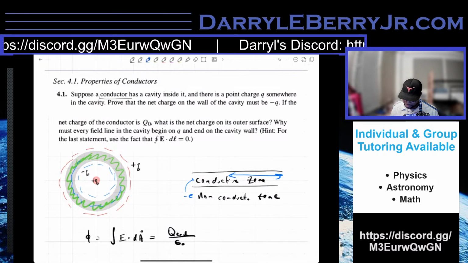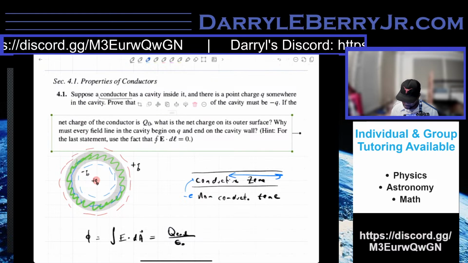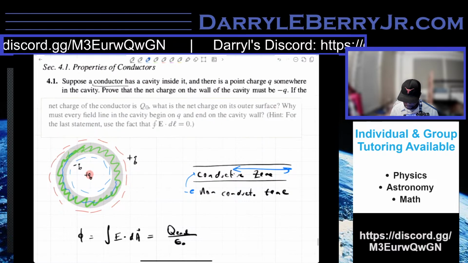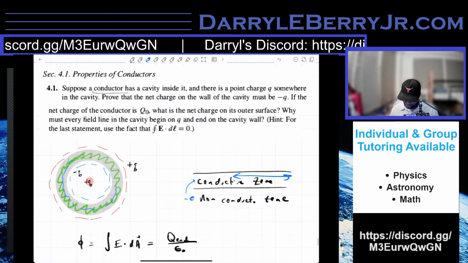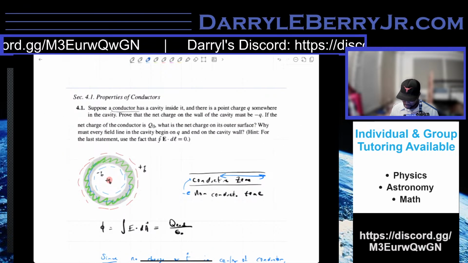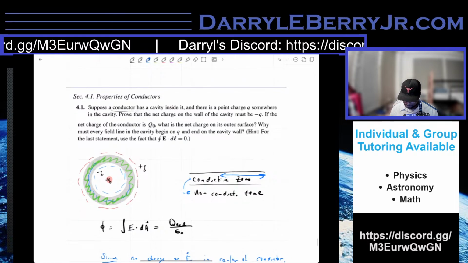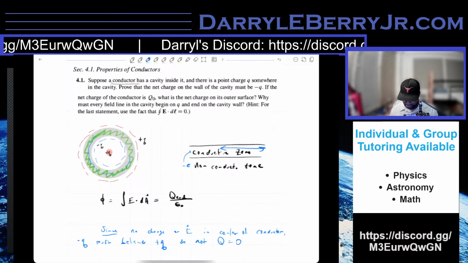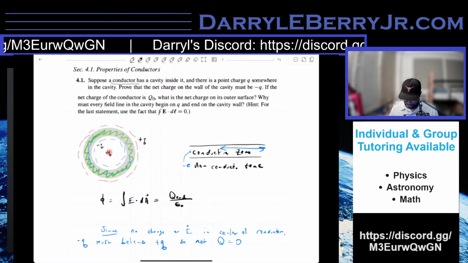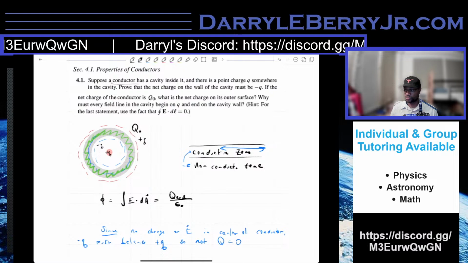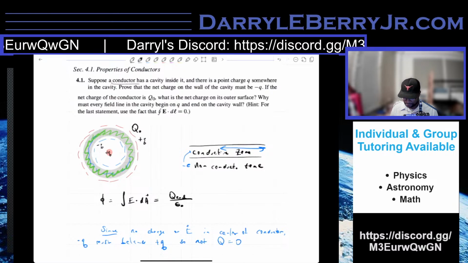If the net charge on a conductor is Q naught, what is the net charge on the outer surface? Since these two must balance out, the net charge Q naught must be on the outer surface, since there's no electric field in the middle.